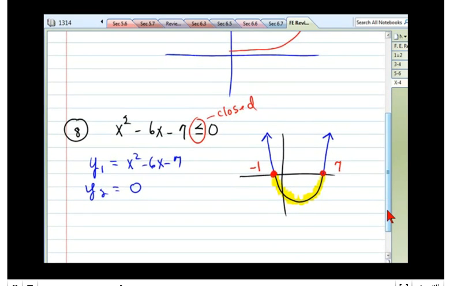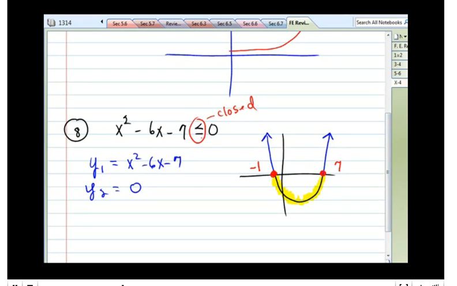Now we can write the answer. Where is this thing less than or equal to 0? From what to what? Well, you're looking at the yellow. So -1 to 7. Does it have parentheses or brackets? With the equal thing, it tells you brackets.